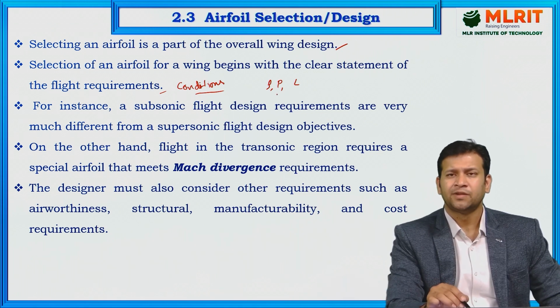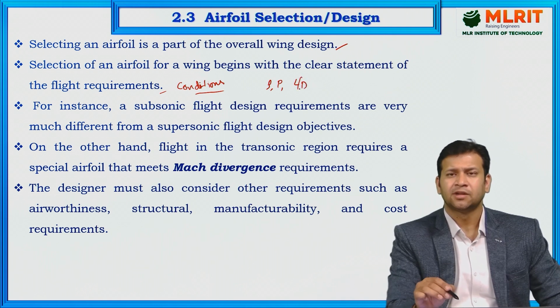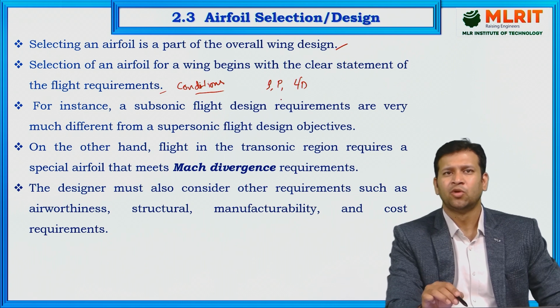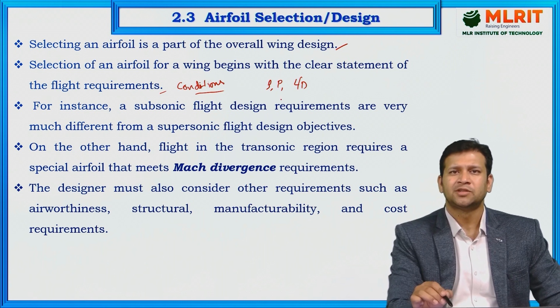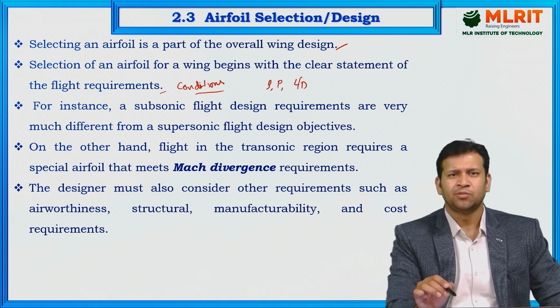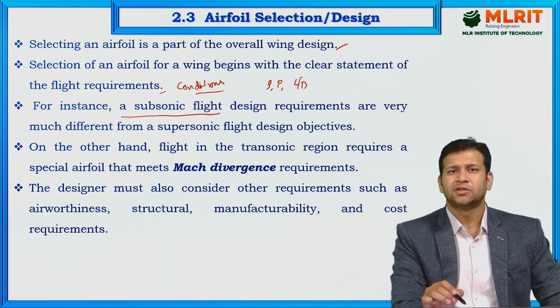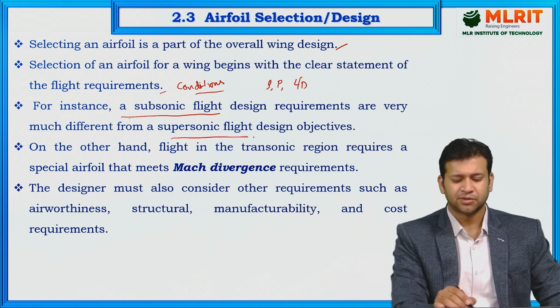What is the role of density, what is the role of velocity, and what is the aerodynamic efficiency. These statements will be very bold and clear. Based upon that, we will be selecting an airfoil or designing an airfoil. For example, for a subsonic flight, design requirements are very different from supersonic flight design objectives.